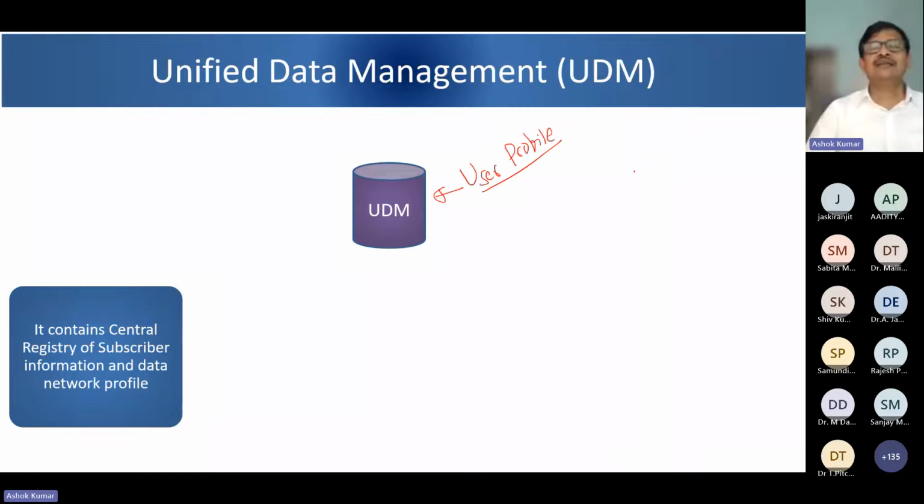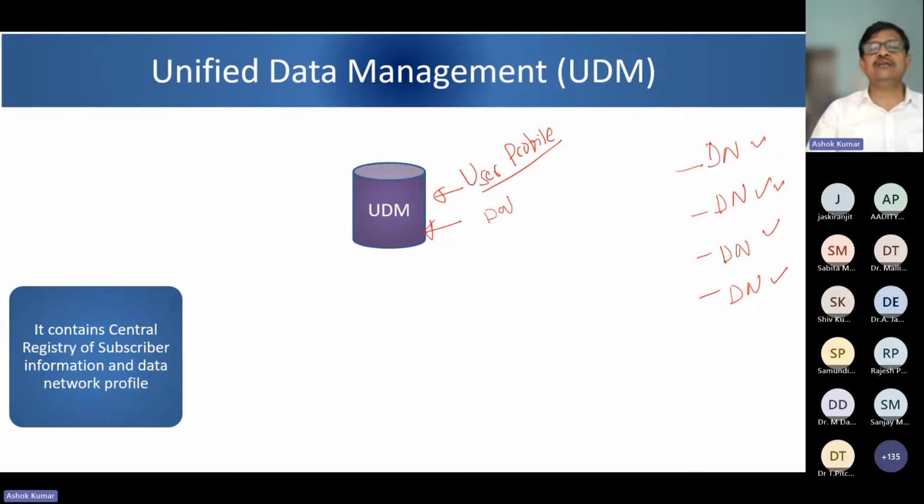Correct. Thank you, sir. And similarly, now in the network, there will be many data networks connected, right? That may be IMS, that may be internet, that may be a gaming service and all. So every data network also has a certain profile: what service it offers, which customer has subscribed. So the data network profile is also stored in UDM.